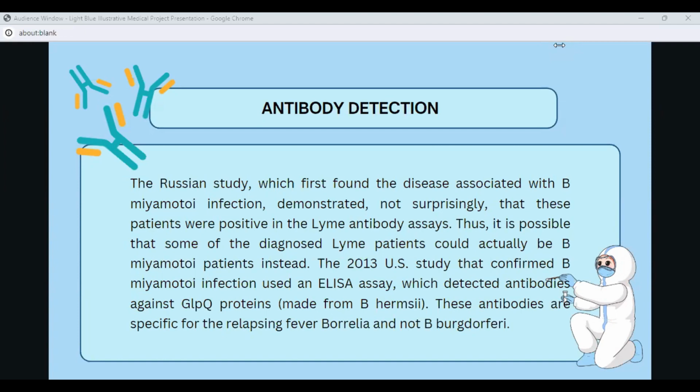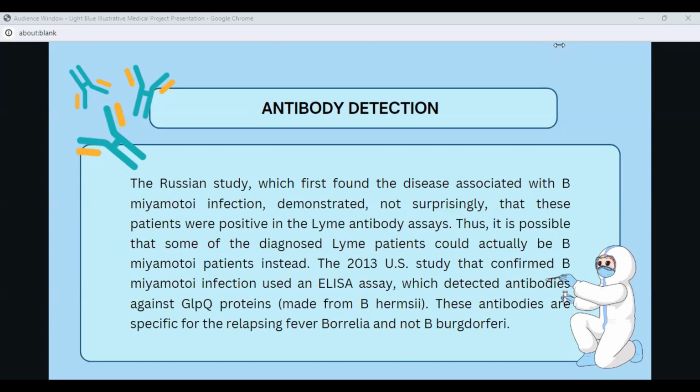The second one is the antibody detection. The Russian study, which first found the disease associated with B. miyamotoi infection, demonstrated, not surprisingly, that these patients were positive in the Lyme antibody assays. Thus, it is possible that some of the diagnosed Lyme patients could actually be B. miyamotoi patients instead.